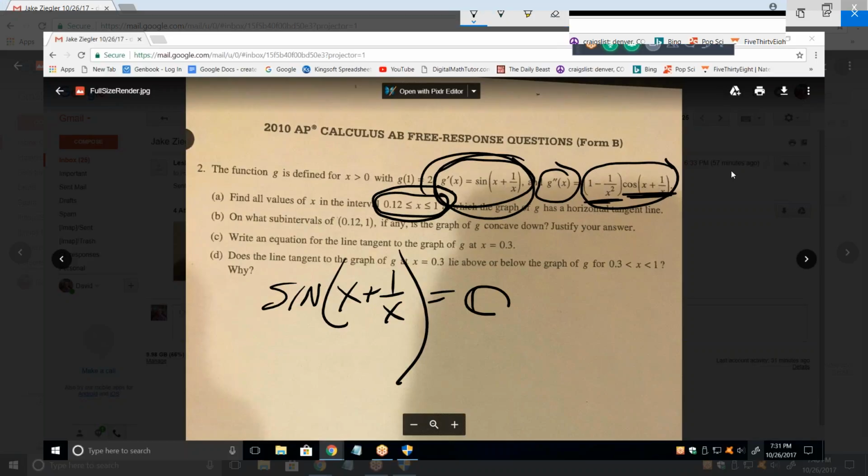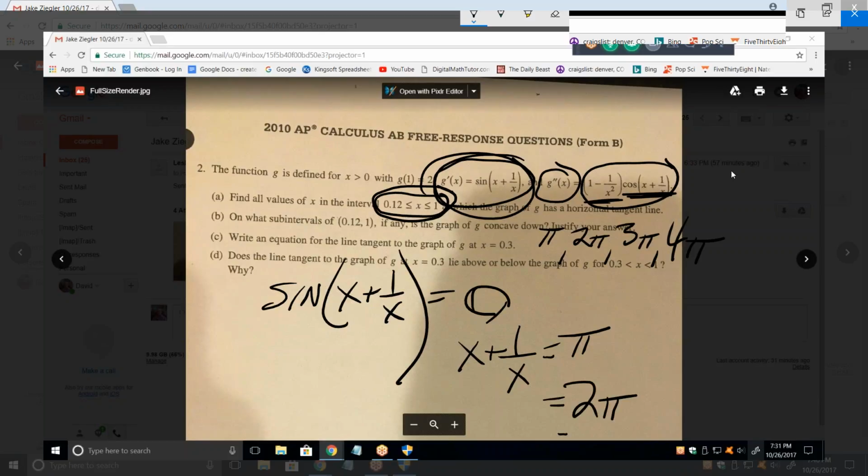Because sine of a quantity is only equal to 0 at pi, 2 pi, 3 pi, and 4 pi, and so on and so on. So x plus 1 over x has to equal pi, or it has to equal 2 pi, or it has to equal 3 pi, until we find an x that's in that interval.